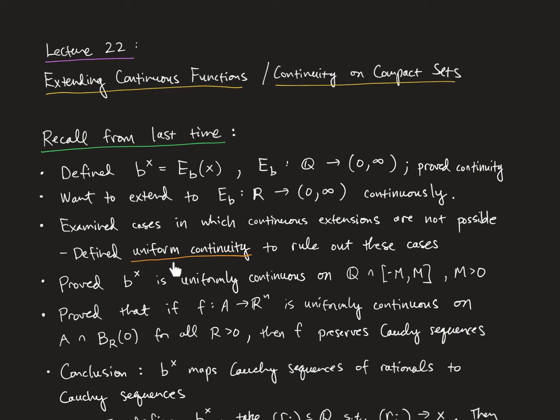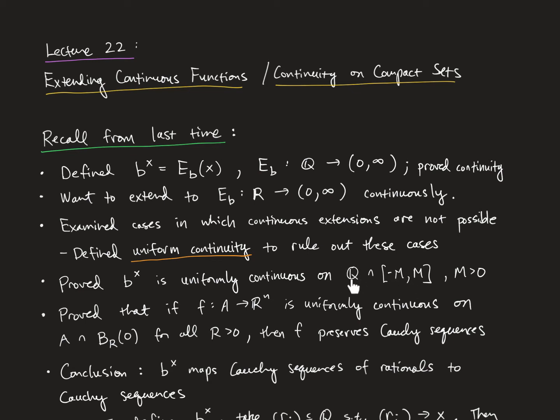We defined that carefully, in not such broad and ambiguous terms, in the last lecture. And we looked at a bunch of examples, so hopefully that concept was clear. In particular, we proved that our exponential function, as defined on the rationals, is uniformly continuous as long as we look at any bounded subset of the rationals.